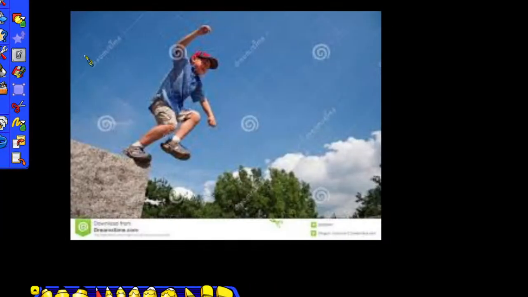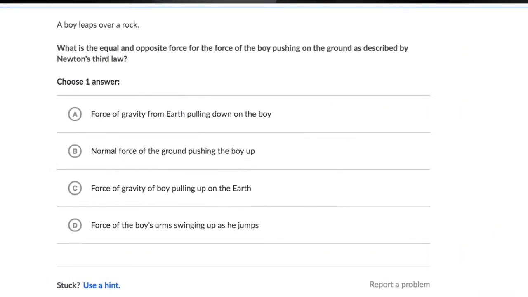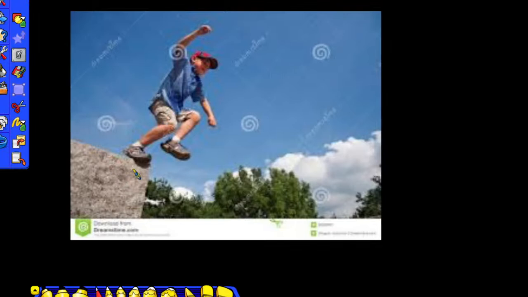A boy leaps over a rock. What is the equal and opposite force of the boy pushing on the ground? The boy will push the ground in the downward direction like this. Obviously, the ground will push the boy in the upward direction.